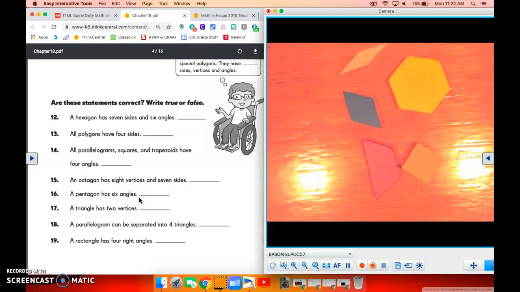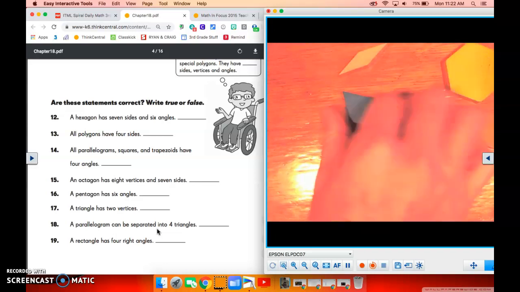No, it has 5. Penta, 5. 5, 5, and 5. 17. A triangle has 2 vertices. No, that's false. It has 3. Number 18. A parallelogram can be separated into 4 triangles. That is true.